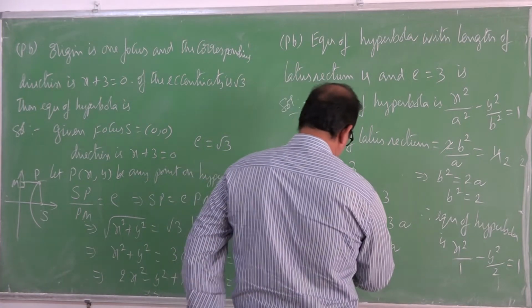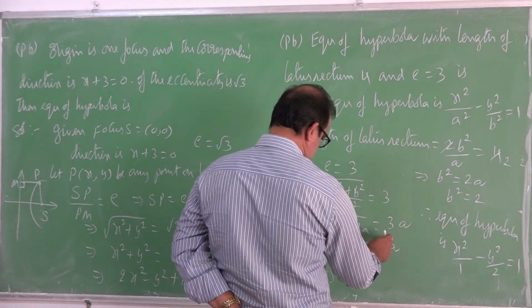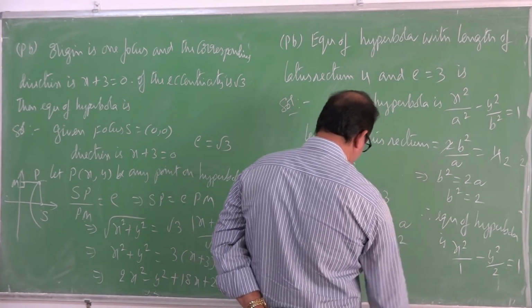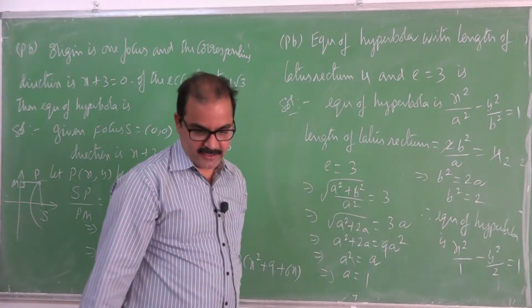Here you observe that on squaring, what do we get? 3a whole squared. We get 9a squared here, not 3a, 9a squared. Now you find the a value again.